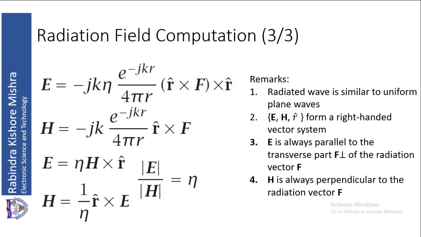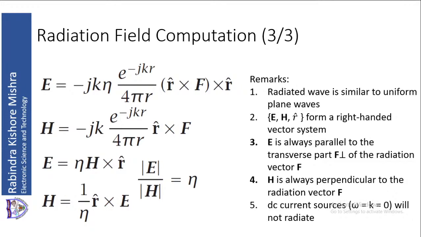Since it is r cap cross F cross r cap, E is parallel to the perpendicular part of F. So E is always parallel to the transverse part of the radiation vector F. H is always perpendicular to the radiation vector F. Why? H is equal to r cap cross F into some constant. So since H is equal to r cap cross F, H is always perpendicular to F.